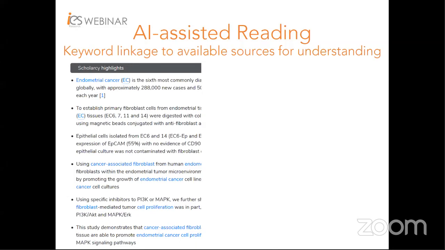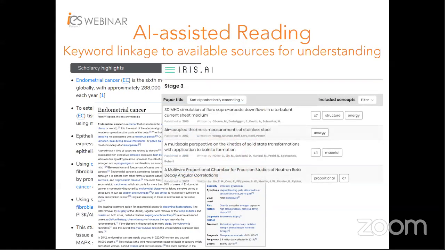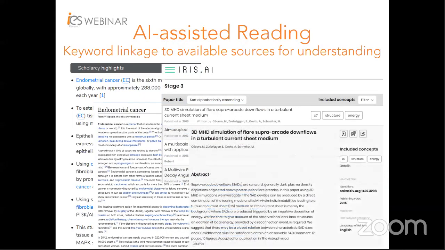On Scholarcy, the keywords or jargon identified throughout the summary with just one click would direct you to Wikipedia to supply you with basic definitions and elaborations of those words, thus making the comprehension process much more manageable for you. Using iris.ai, the process of searching for relevant literature is made easy as this tool is capable of listing academic articles with similar keywords.